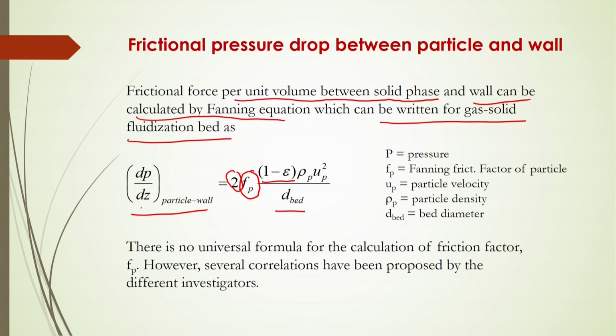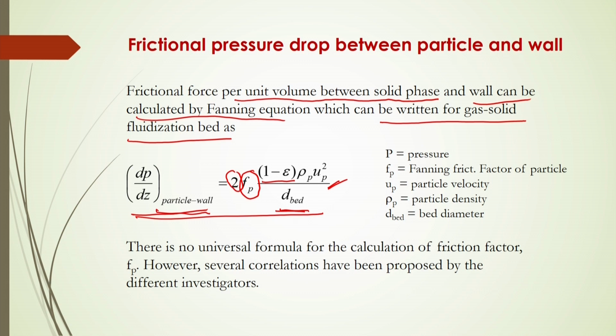So, this frictional pressure drop between particle and wall as per the Fanning equation depends on the particle velocity inside the bed, what the bed diameter is, and what the density of the particle is, and of course, there will be the voidage inside the bed. Now, we can say from this equation what the frictional pressure drop will be because of the collision or because of the friction between particle and wall.